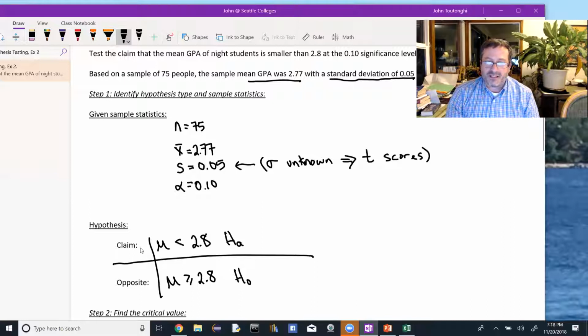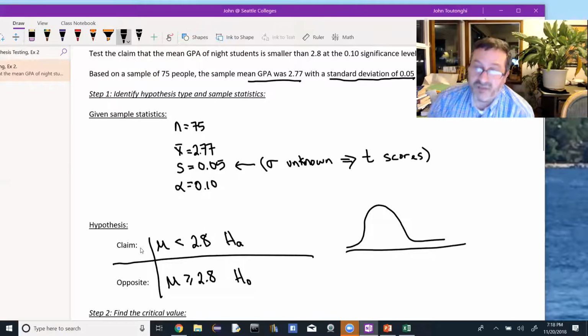The alternate hypothesis will determine the picture. So it's a less than. I'll draw a normal curve, or it's not actually normal, it's the student t-distribution, but it looks like a normal curve. And it still has a mean of 0 in the middle. And we're looking at a less than for our alternate hypothesis.